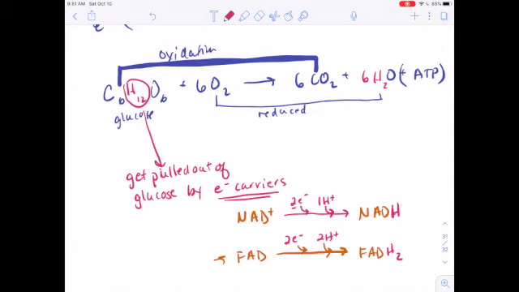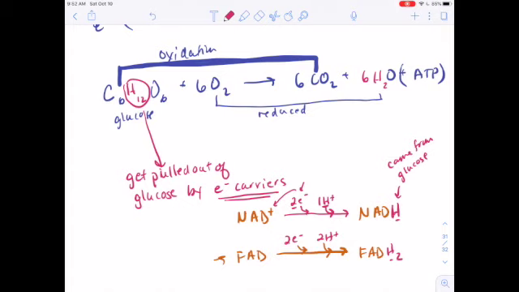Because we put one of these electrons together with a proton, that makes 1 hydrogen atom, and then the remaining electron will neutralize that positive charge there. But again, I'm pointing out that these hydrogens here came from glucose, or what's left of glucose.